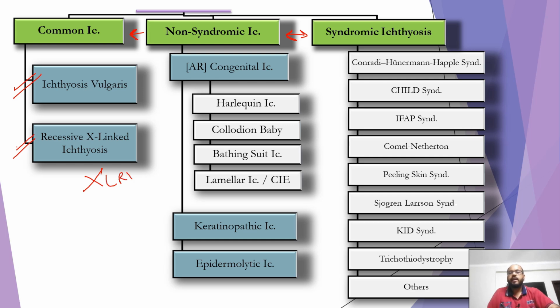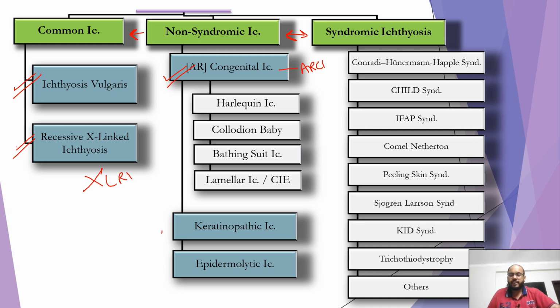In non-syndromic ichthyosis, apart from these, you have autosomal recessive congenital ichthyosis, known as ARCI. These include the other well-known types of ichthyosis which you should know at residency.